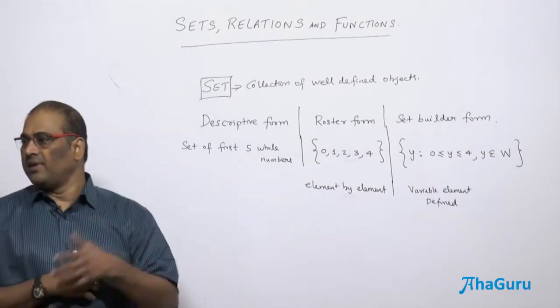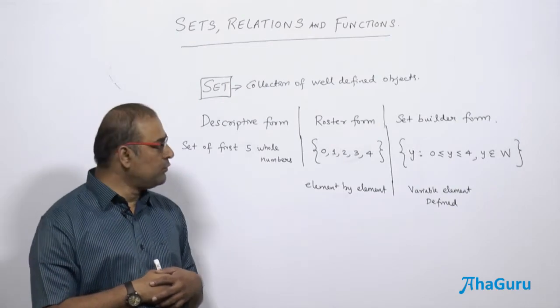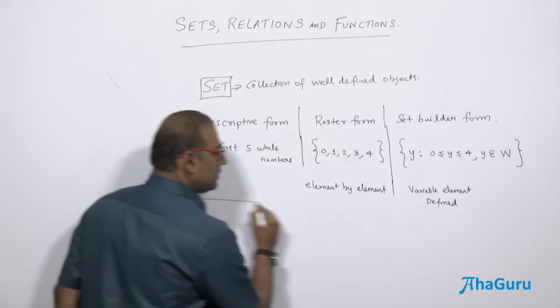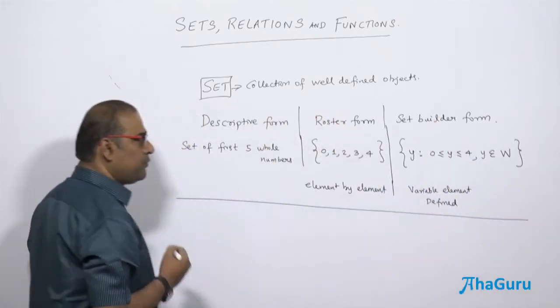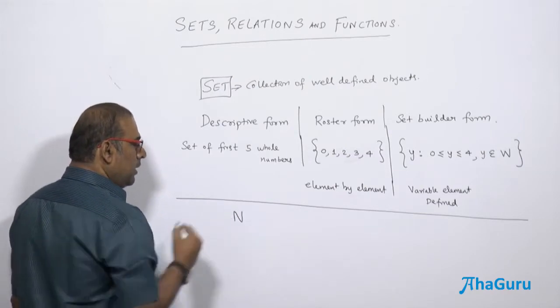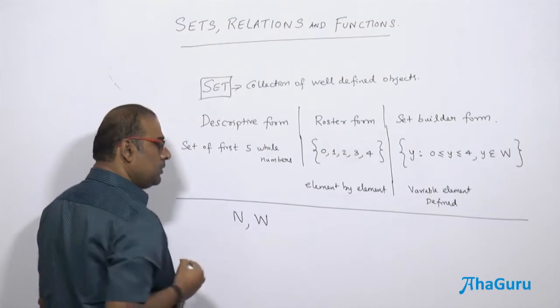That means you actually have some standard notations for sets. W for whole numbers, right? So let me write that standard notation. If you have to use the set builder form, you need to have some conventional sets. N is for the set of natural numbers. W for whole numbers.